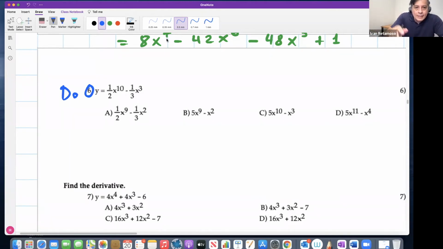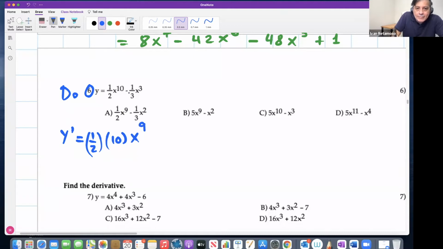I see you guys are sharp. Look, the derivative is going to be the derivative of this first term. There's a constant 1/2 that comes outside, and then times what? The number 10 comes down, right? 10. And the new exponent is 1 less, 9.